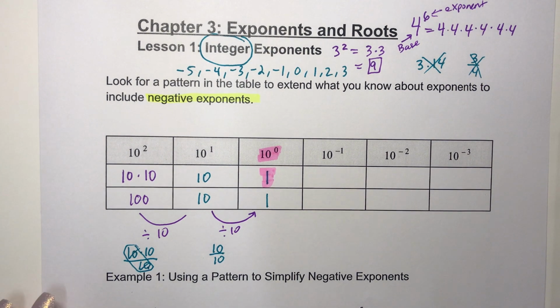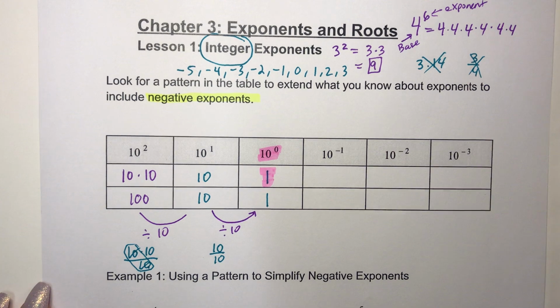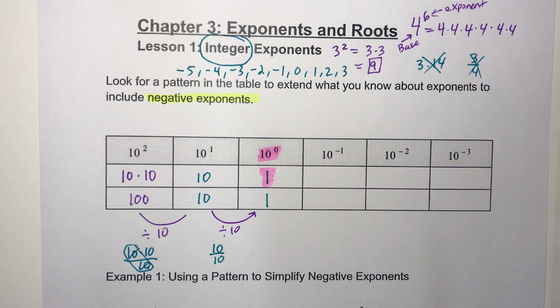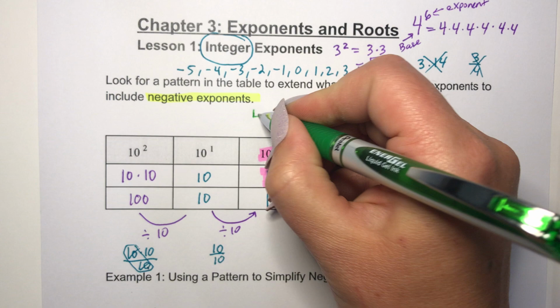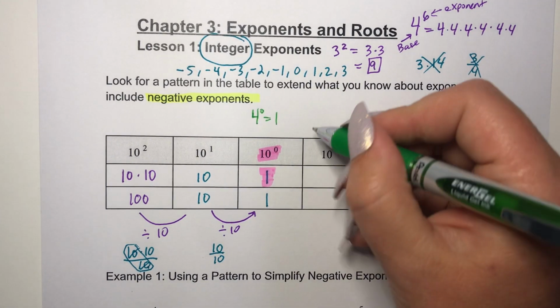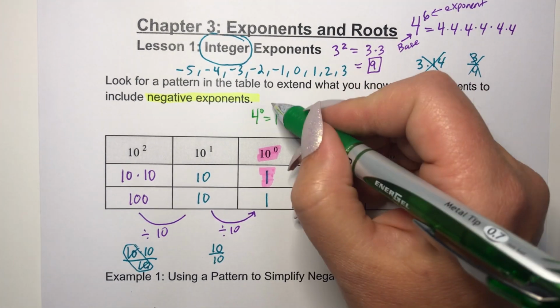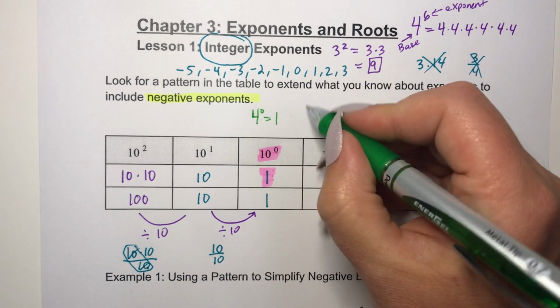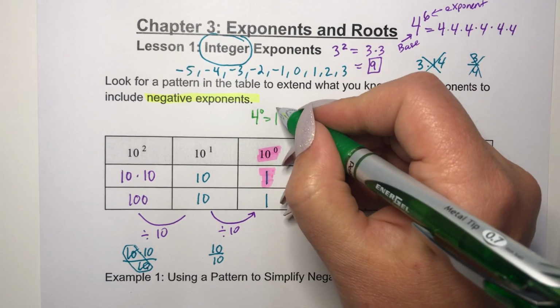Just a little side note here. If you had something like 4 to the 0 power, guess what the answer is? It's 1. Let's say you had something like 12 to the 0th power.